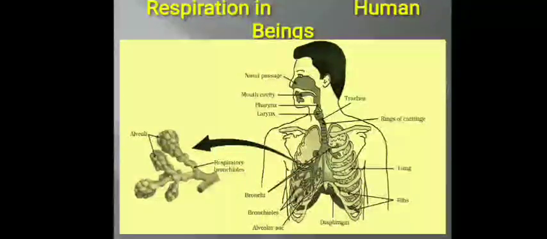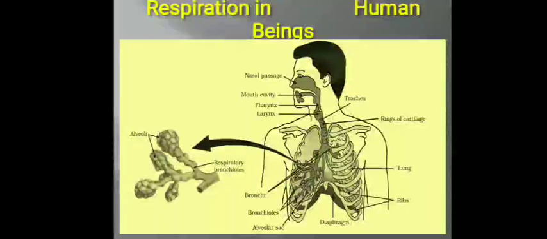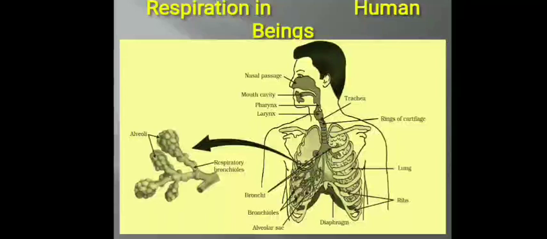So let's find out what are the organs associated with respiration in human beings. Dear students, you can see in this figure, it's very clearly visible that we humans use nostrils or the nasal passage to take air in. So here the first organ is the nasal passage, then it has the pharynx, larynx, trachea.